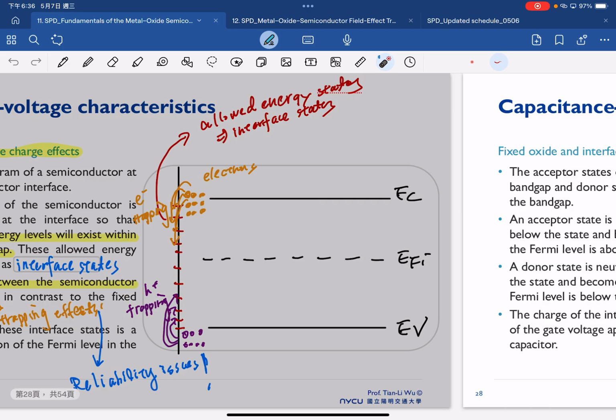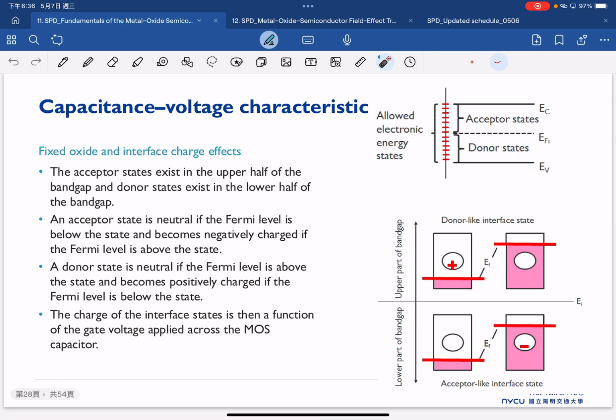Okay, so let's go further to understand some more details related to interface states. Especially here, I want to specifically mention the acceptor state and donor state.